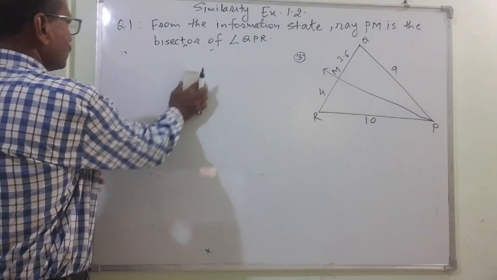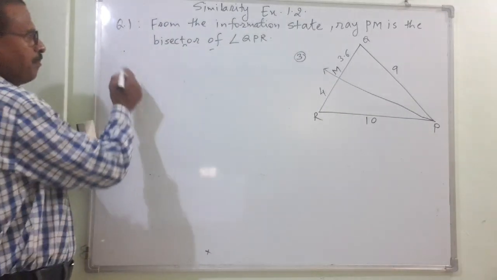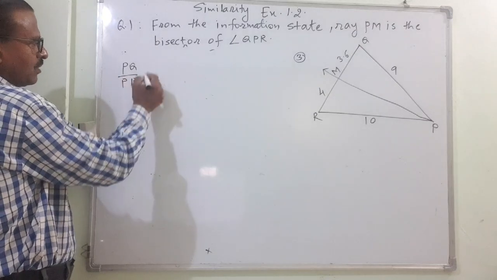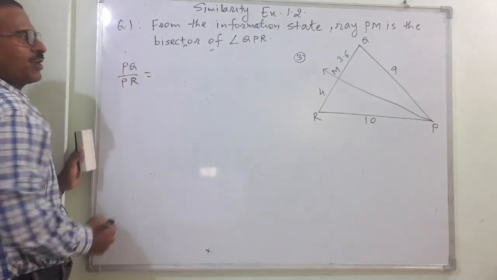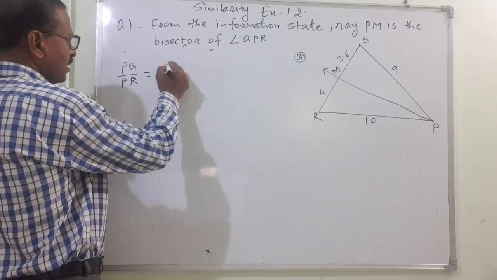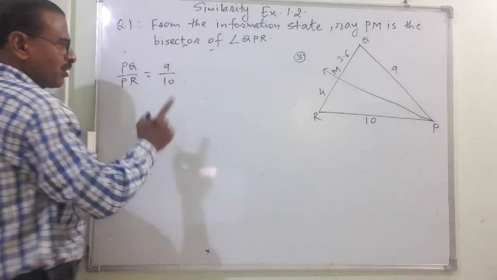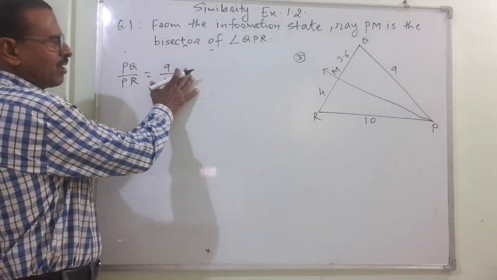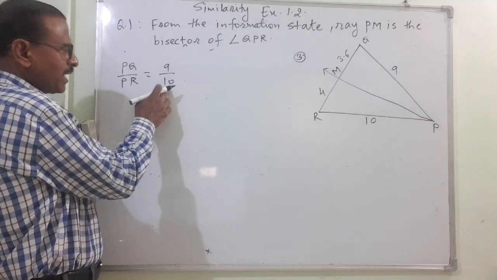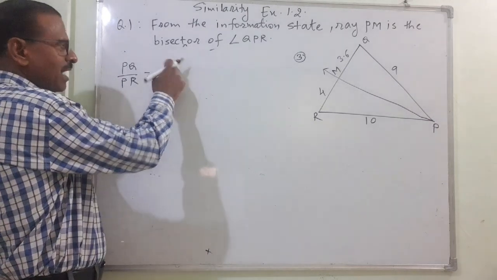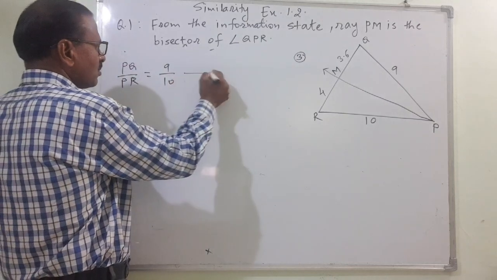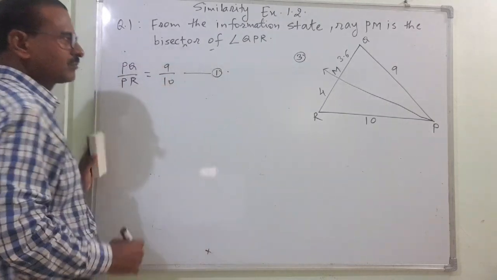So PQ upon PR is equal to, what is the value of PQ? 9 upon 10. PQ upon PR is equal to 9 upon 10. I cannot reduce it. I can divide this by 2 but not this. I can divide this by 3 but not this. So this is the final. So this is number 1.